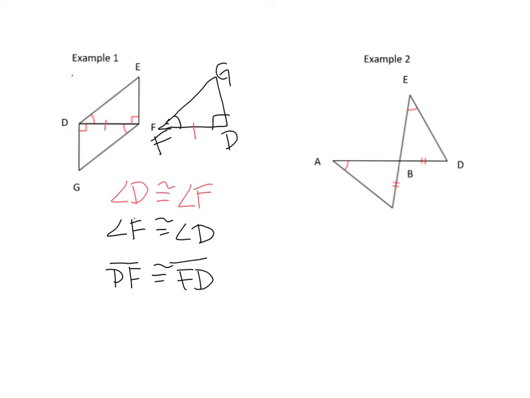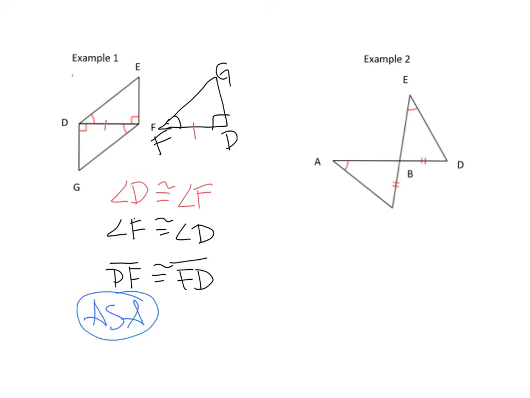All right, so we have an angle, and notice key here is where is that side located? The side is located in between the two angles, so therefore this would be angle, side, angle.